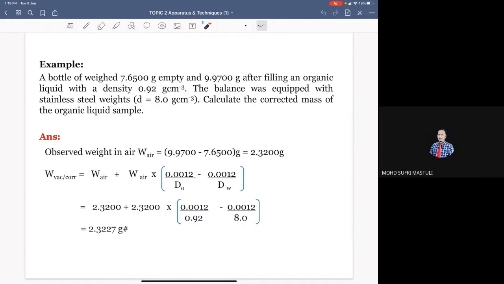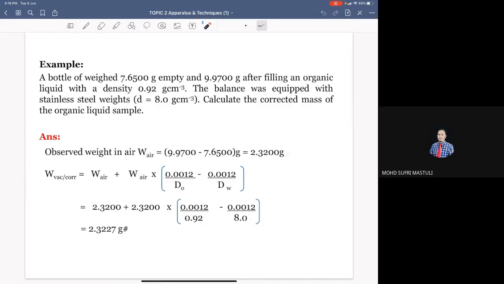So, the observed weight in air is the weight with sample minus the empty weighing bottle. So we can obtain the weight in air.